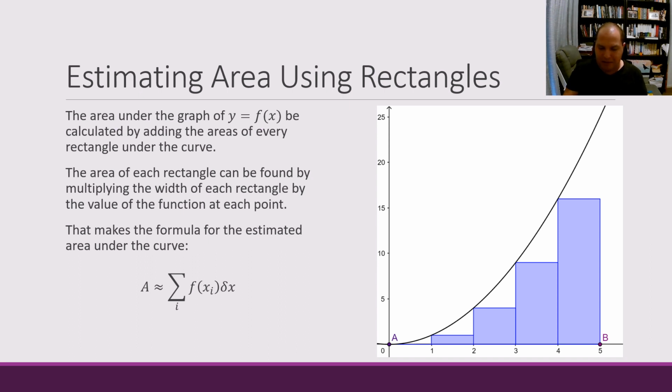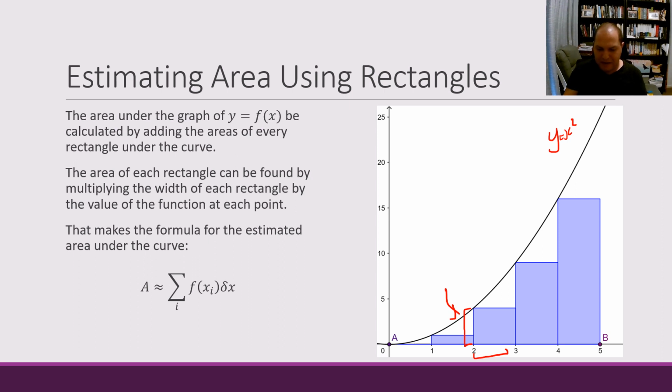Now, how do we find the area of those rectangles? Looking at this middle rectangle, for example, we need to know the width and we need to know the height. What is the width of this rectangle? We can work it out pretty easily. But what is the height of that rectangle? Well, this curve is y equals x squared.